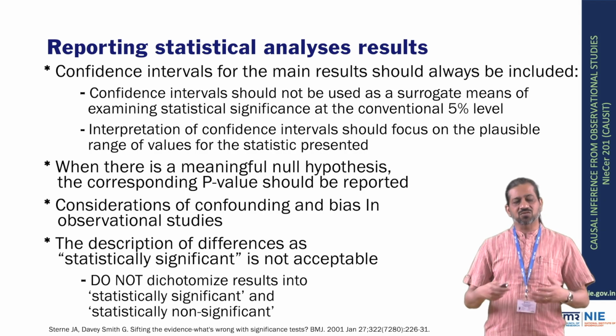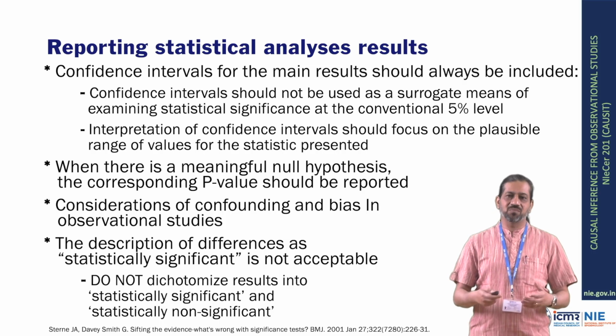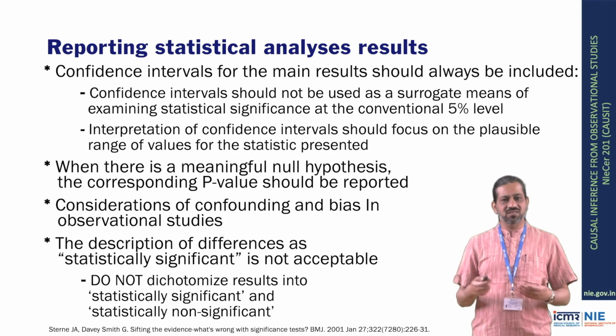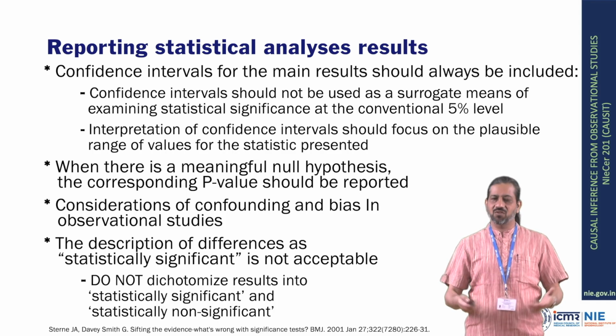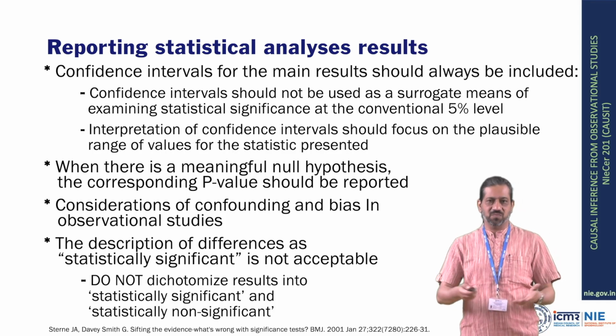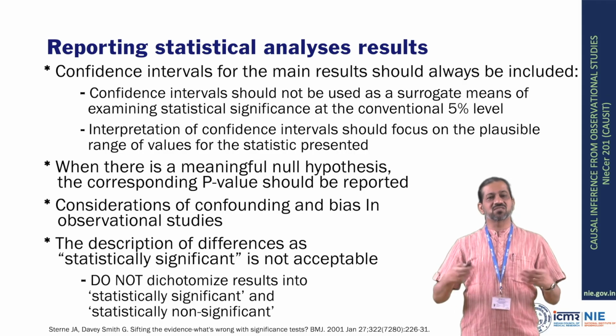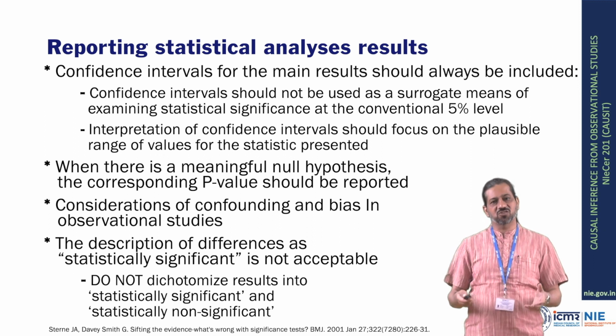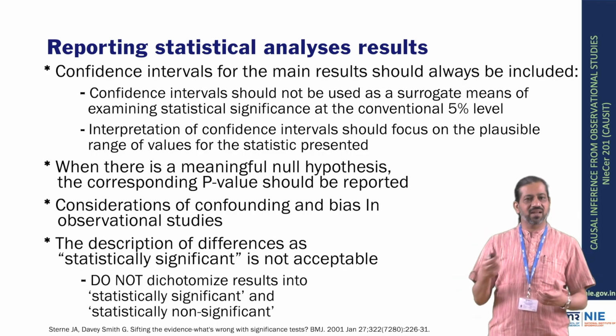Could there be other sources of errors apart from the random errors which are signified by the p-values and confidence intervals? There could be systematic errors, confounding, selection bias, information bias. We need to consider those as well, in addition to looking at measures such as the confidence interval, to help us reach the conclusion whether there is a causal relationship between an exposure and an outcome.